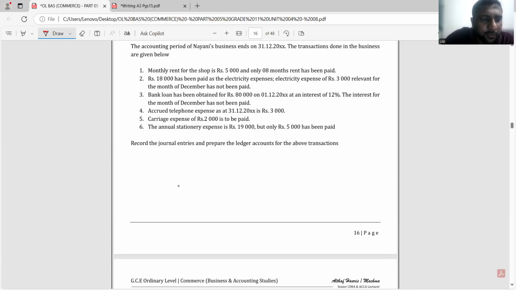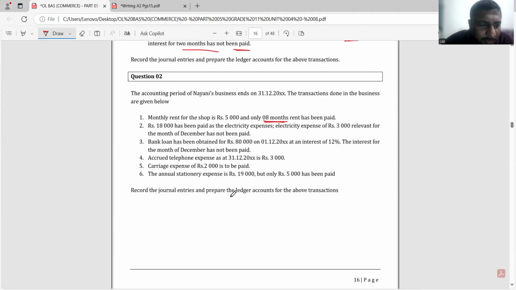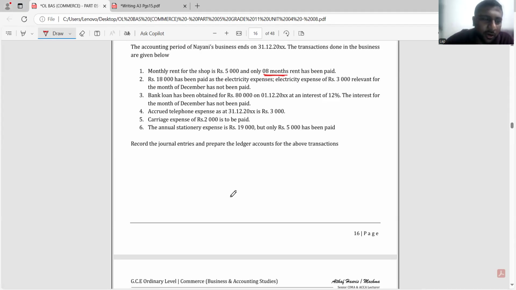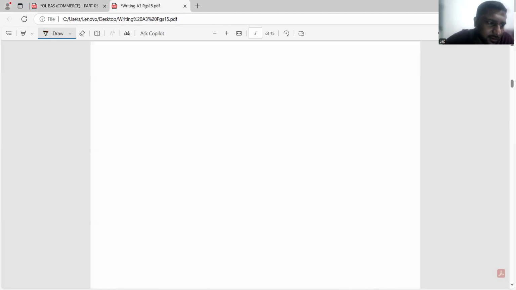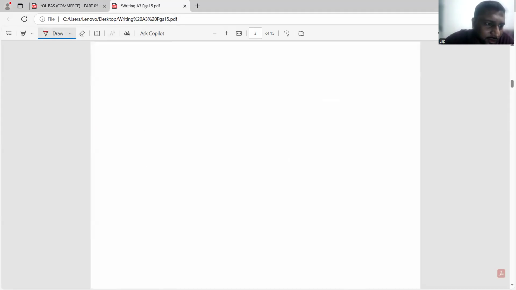Monthly rent for the shop 5,000, only 8 months paid. Only 8 months paid means 4 months to be paid. So I'm going to record only the to be paid part, because we did a question and we got an understanding also.